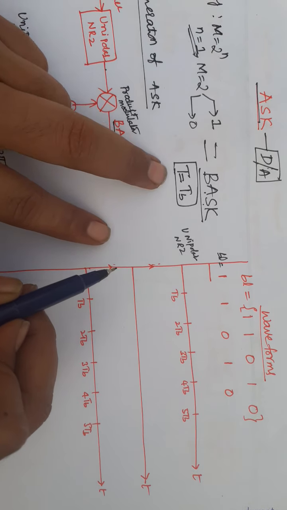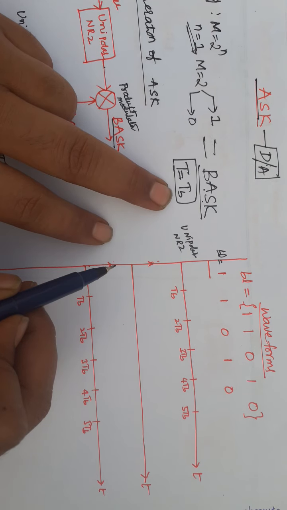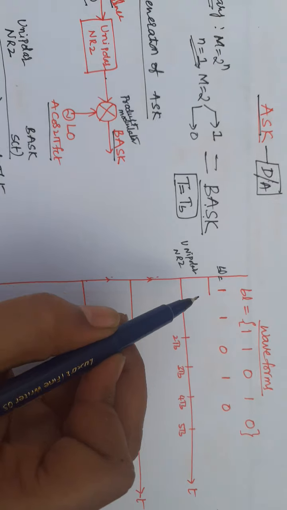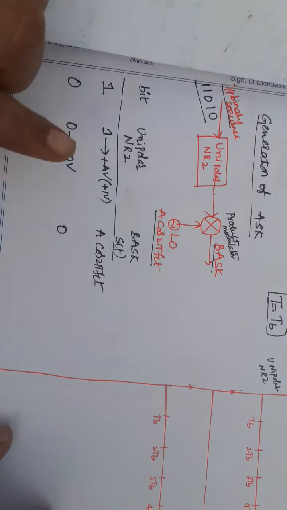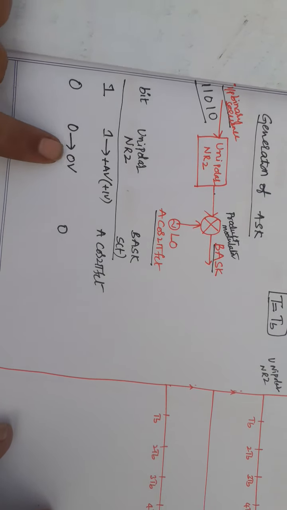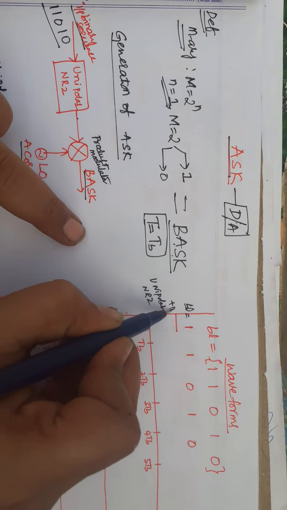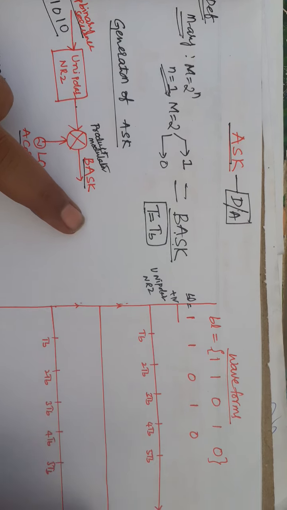In this case, symbol duration T is equal to Tb. In the first case, bit 1 is mapped to plus 1 volt, and bit 0 is mapped to 0 volts. So the voltage level is plus 1 volt, right?